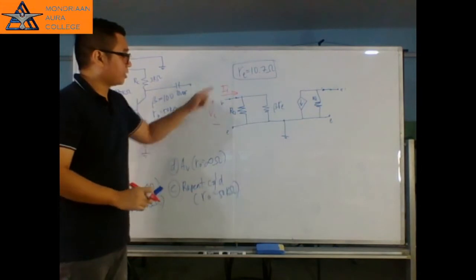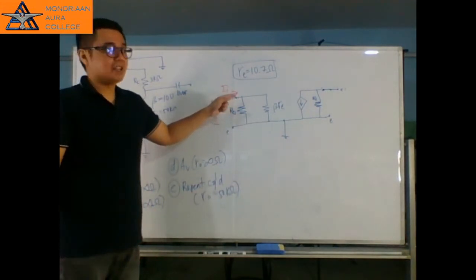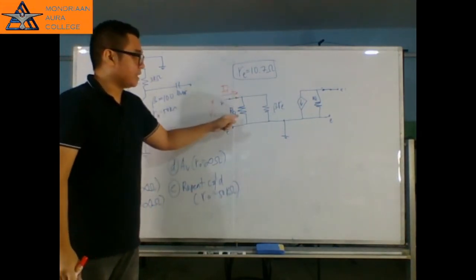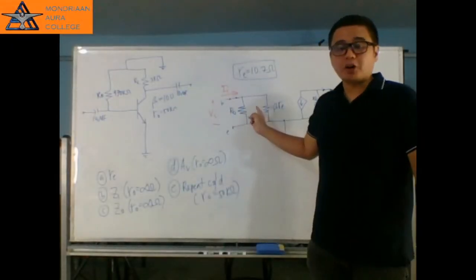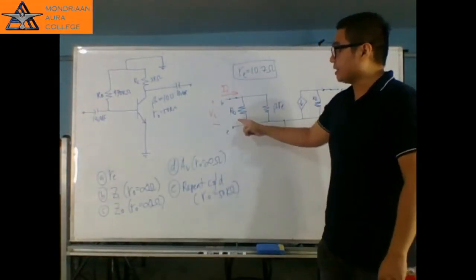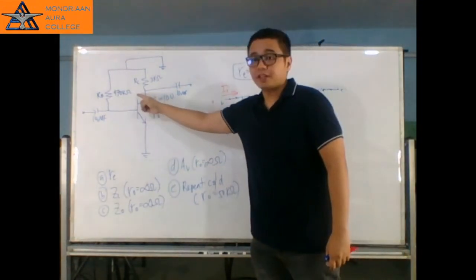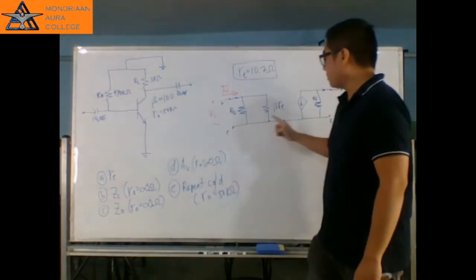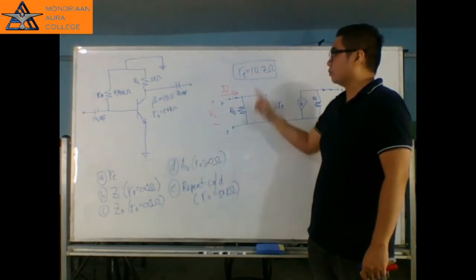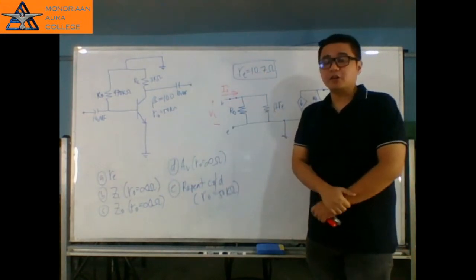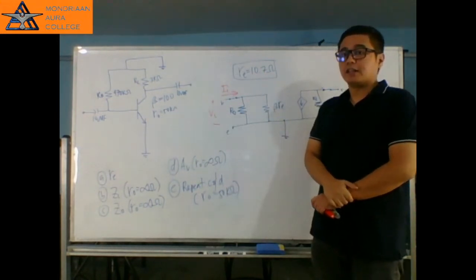Yung input current na yun, which is AC, mahihiwalay sa pagitan ng RB tsaka ng beta RE. With this one, we can do an approximation. Ang R sub B natin is equal to 470 kilo ohms, while ang beta RE natin is equal to 1,070 ohms or 1.07 kilo ohms.